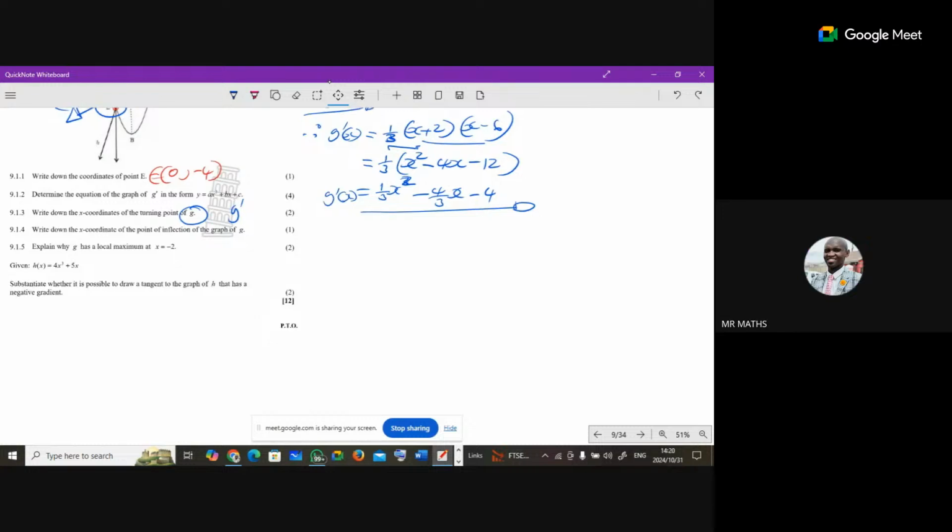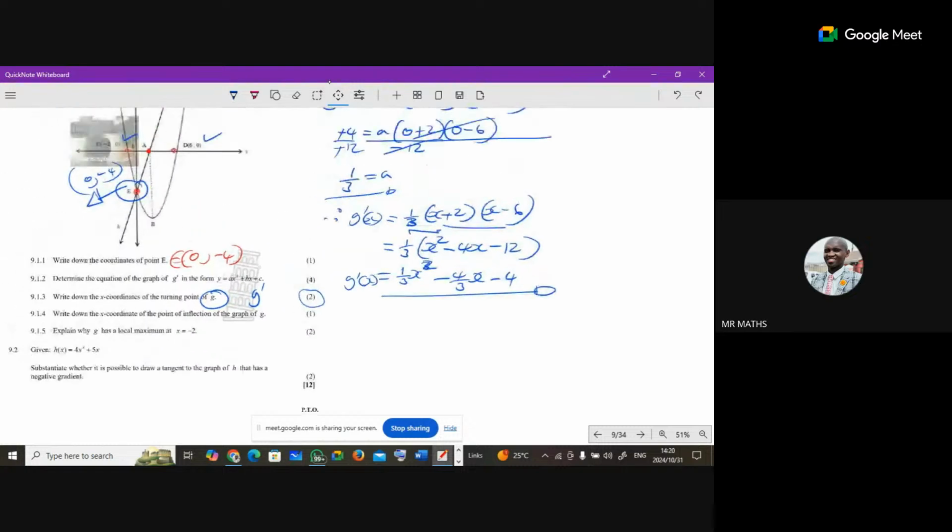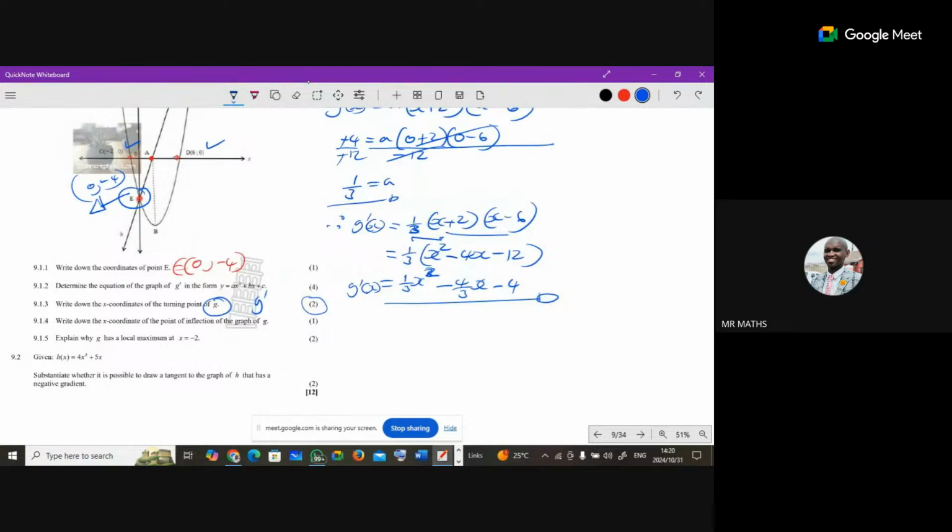And it's only 2 marks. Okay, so it's equal to -b/2a? It can't be -b/2a. That will be the x value of the turning point of a quadratic.